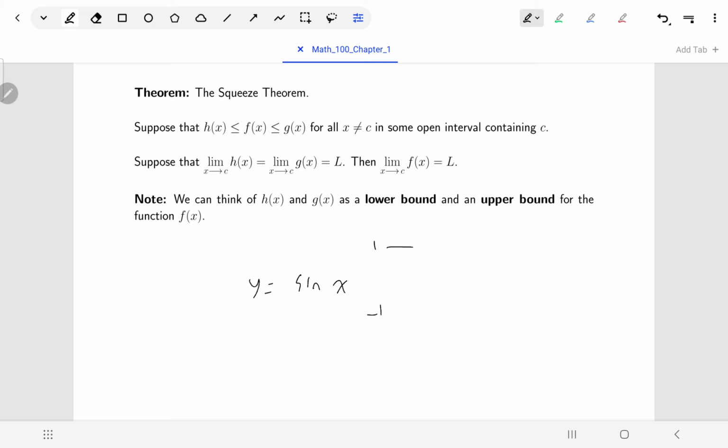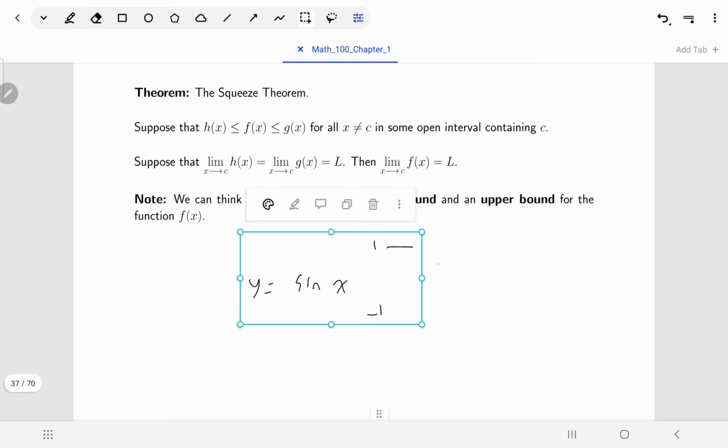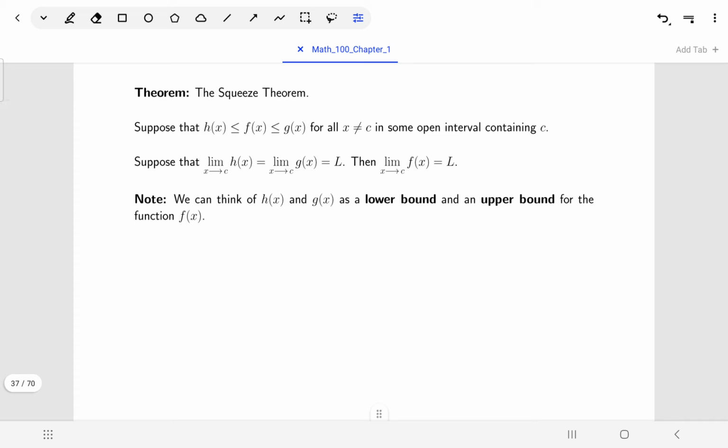So if we're thinking about things built from sine of x, there's already this sort of built-in upper and lower bound involved. The squeeze theorem says basically if you've got yourself three functions that are always in the order h of x is always less than or equal to f of x, which is less than or equal to g of x. So h of x is always below f and f is always below g.